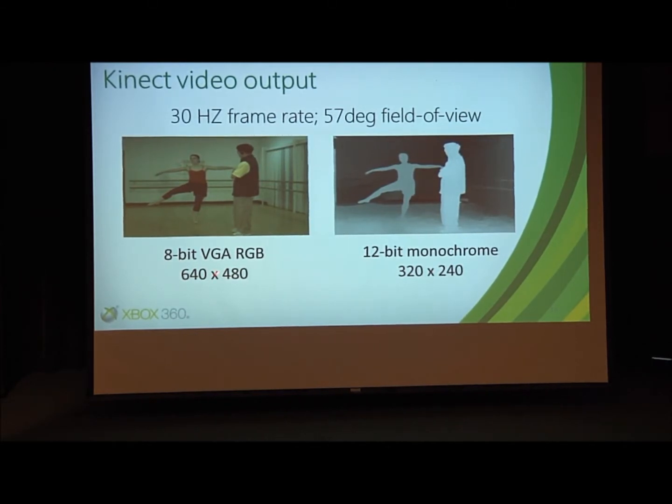Unlike the RGB image, which is just what the camera sees is what it sends out, the depth image goes through a pipeline. It takes the scene it's seeing, and then it has to go to each pixel and identify how far away that pixel is from the camera.